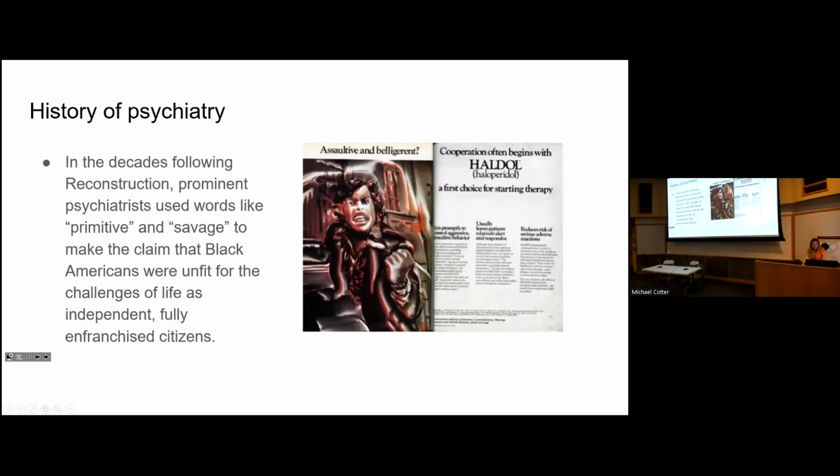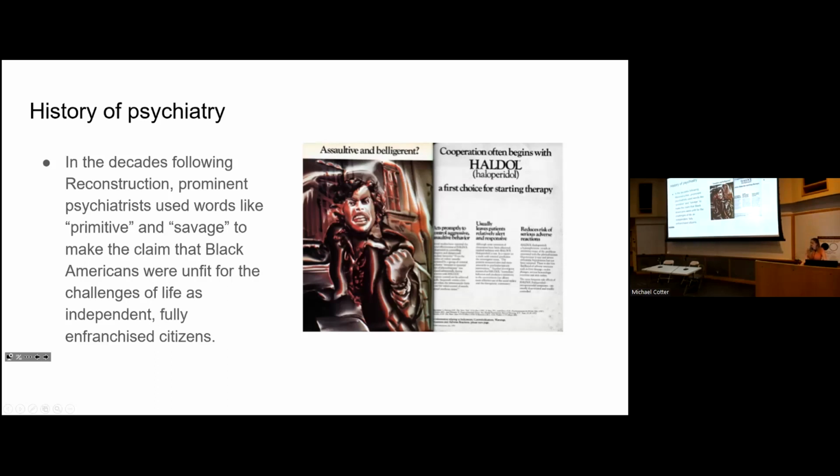So after those beginning years of the APA, prominent psychiatrists continued to pathologize and sometimes demonize African Americans, with the result that by the 1970s, schizophrenia in many ways was used to describe aggression and agitation among Black men.